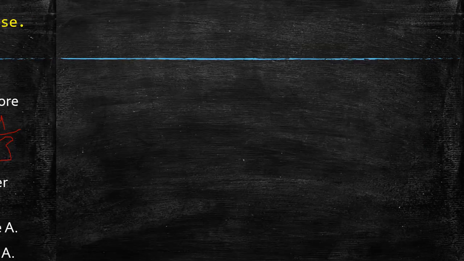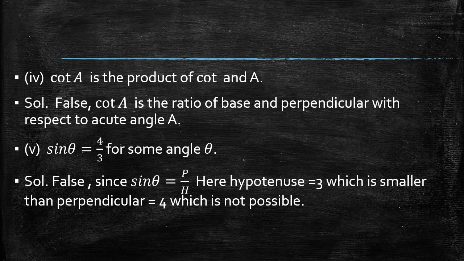Now, fourth, cot A. Cot A is the product of cot and A. As already I told you, this is also false. Why? Cot A is the ratio of base and perpendicular with respect to acute angle A, right? Cot A is not cot multiplied by A. It is ratio of base and perpendicular with respect to angle A.